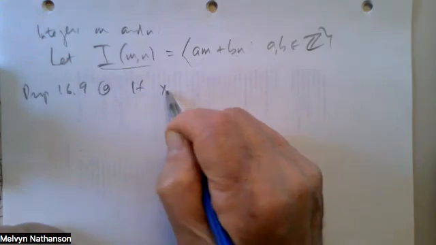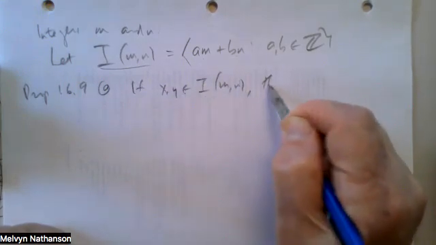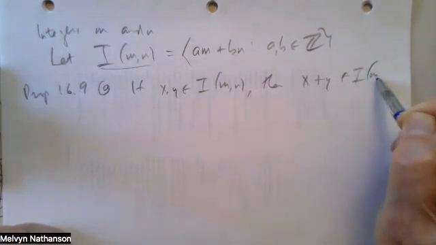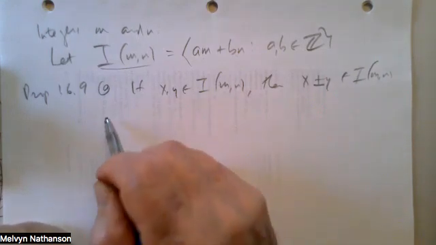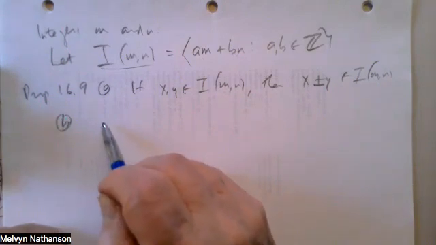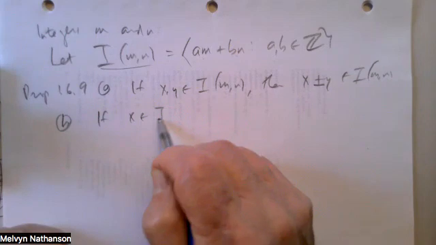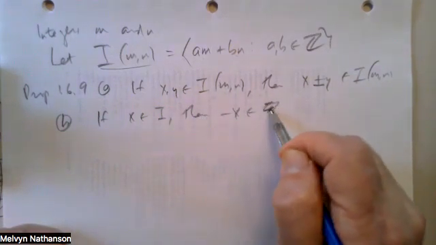First, if x and y are in this set, then x plus y is in the set, and x minus y is in the set. So I can write x plus or minus y is in the set. If x is in the set, then minus x is in the set.